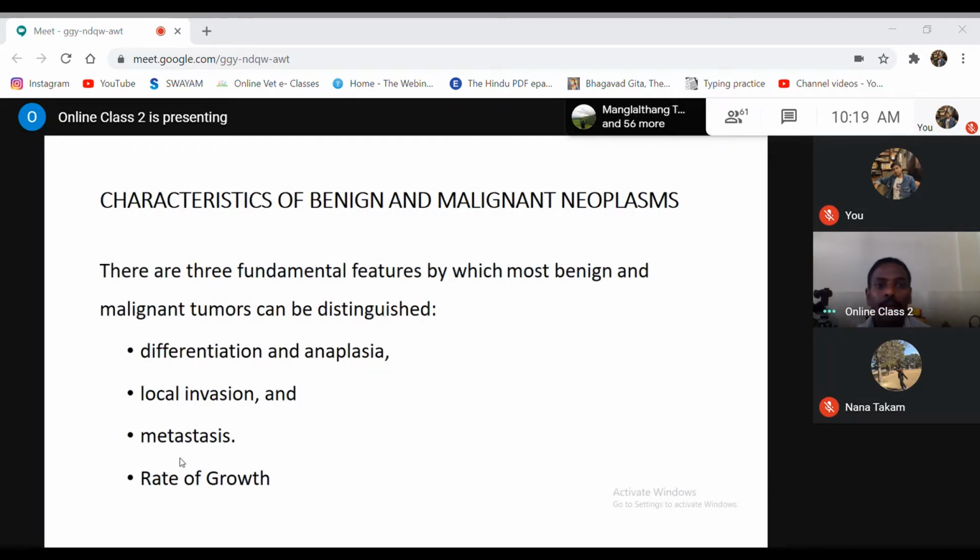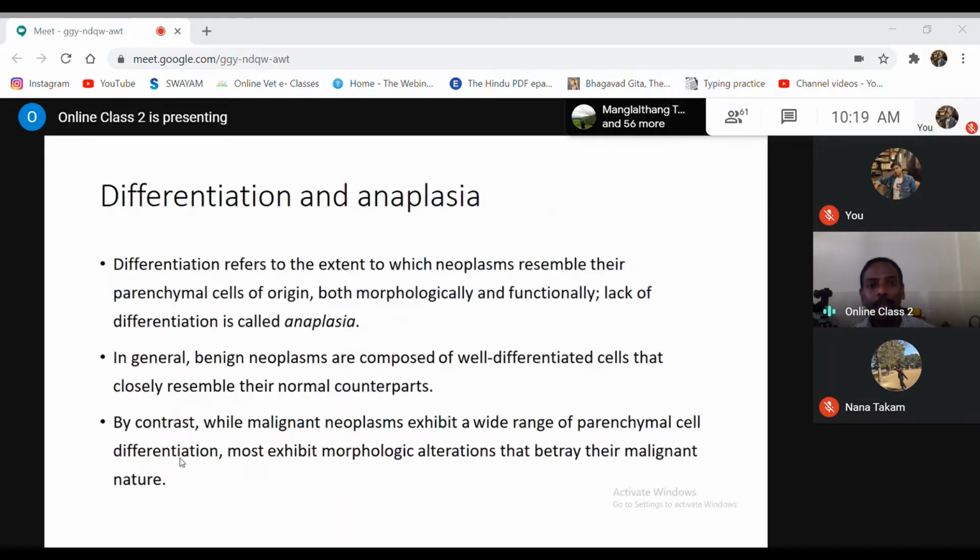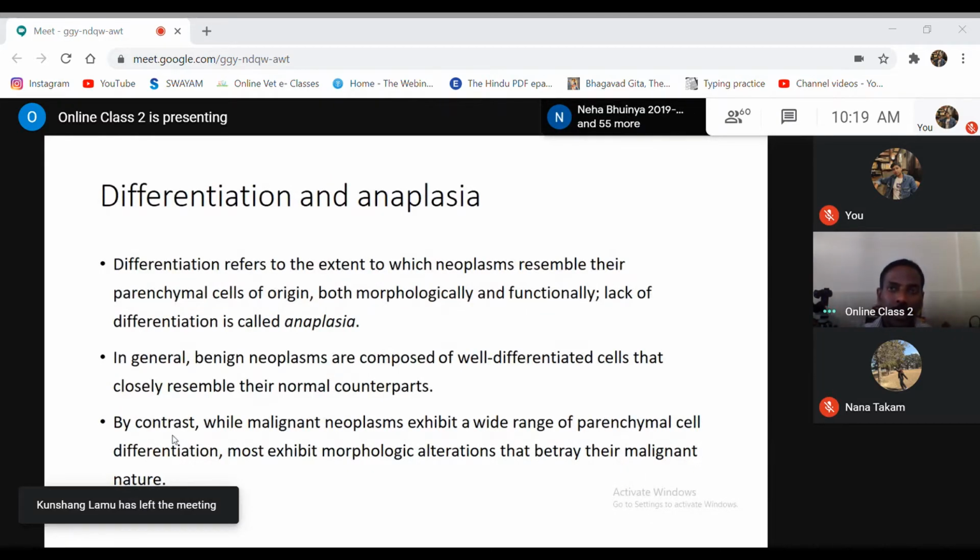Coming to the first feature, differentiation and anaplasia. What do you mean by differentiation? Differentiation basically refers to the extent to which a neoplasm resembles its normal parenchymal cells, that means the parenchymal cells of its origin. If a neoplasm is coming from a liver cell, a normal liver cell will have certain features.